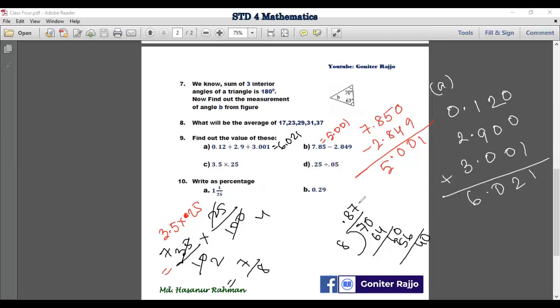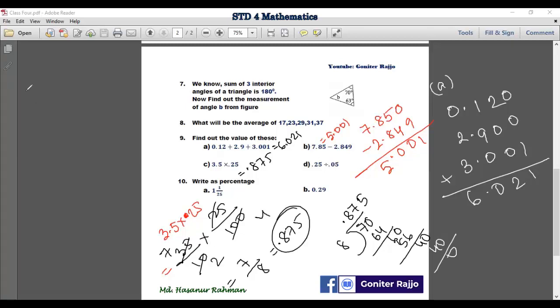So 0. So now 8 5 is 40. So we can put 40 here. So the answer should be 0.875. So you can write 7 by 8 or 0.875. Actually, both are the same thing.